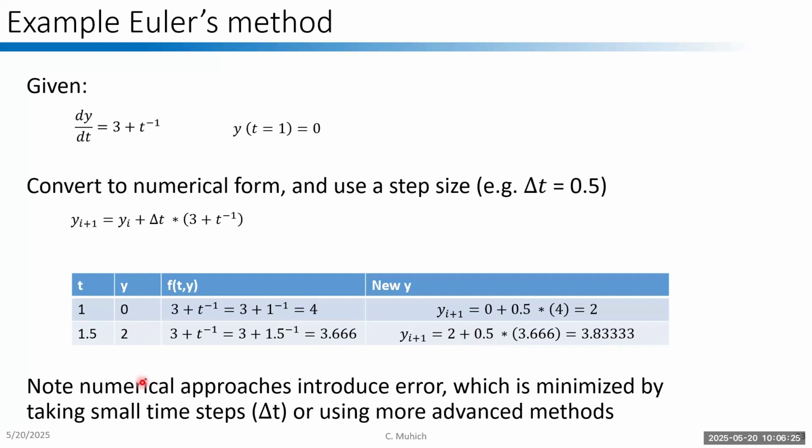Okay, so I want to note that, of course, numerical approaches are going to introduce error because I'm taking this step forward, and y should be changing continuously. This is inherent in doing a numerical approach. However, I can minimize this error by taking smaller and smaller time steps. So making Δt, instead of 0.5, make it 0.0001.